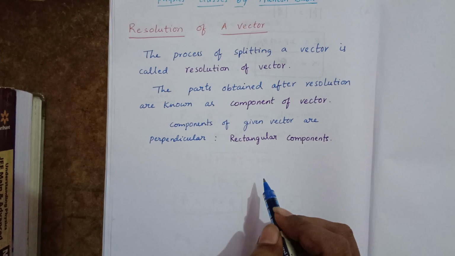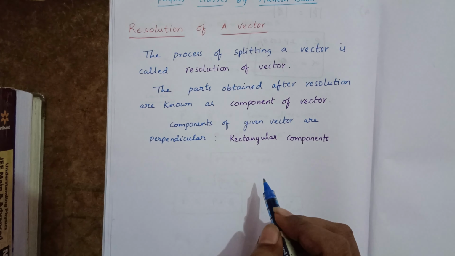Okay. Now here you will get a doubt. Is the x component always A cos theta and the y component always A sin theta? Is it correct? No. The component along the axis with which the vector is making theta degrees becomes A cos theta, and the other becomes A sin theta.